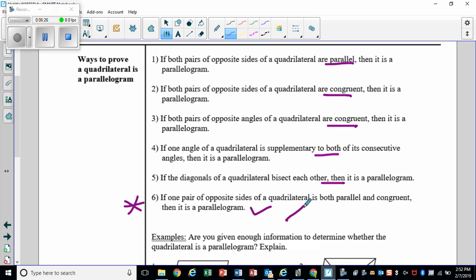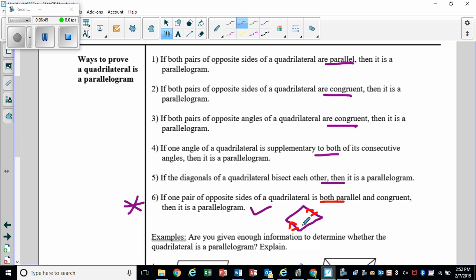So what it means is if I have a parallelogram, and the only information I have about this parallelogram is only about one of the pairs. I know this pair is parallel to this pair, and then I know this pair is congruent to this pair. It says if one pair of opposite sides of a quadrilateral is both what?